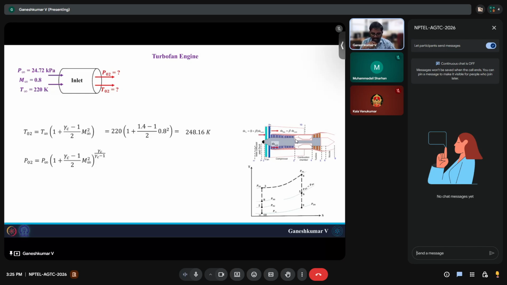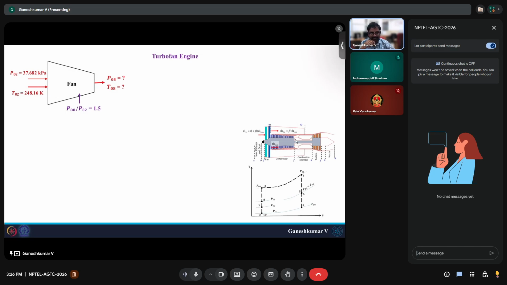Similarly, you also have P naught 2, as there is no diffuser efficiency. If you substitute 24.72 kilopascal and Mach 0.8, you end up with the stagnation pressure of 37.652 kilopascal. These are the stagnation pressure and temperature at the inlet of the engine, and they are the same even at the exit of the inlet because it is an isentropic process.